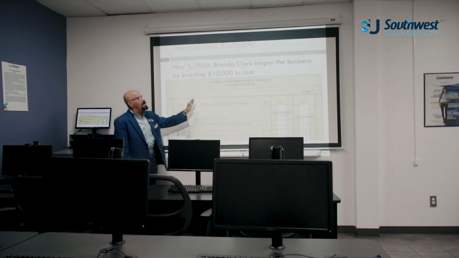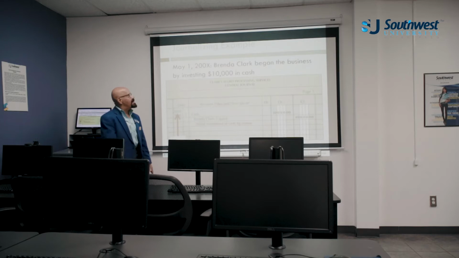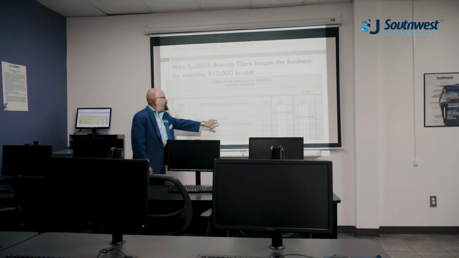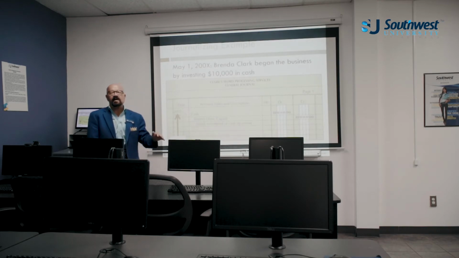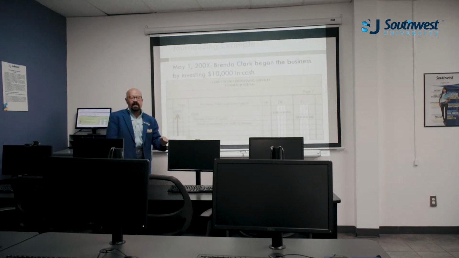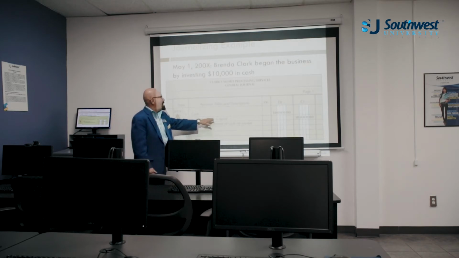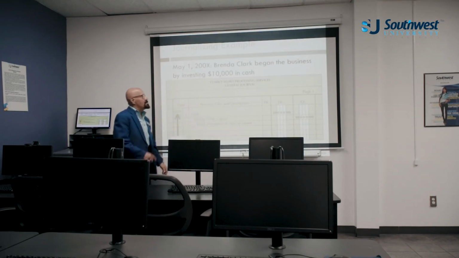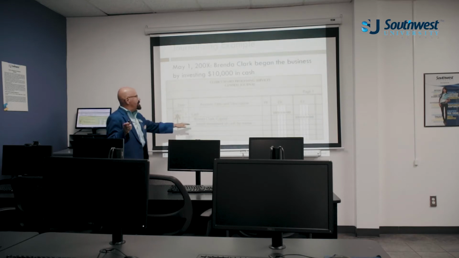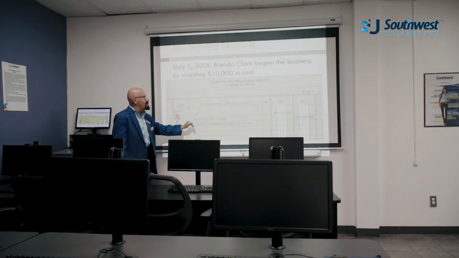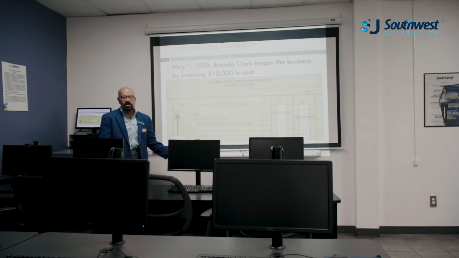Now, anytime the owner invests in the company, it's classified as capital. Why? Because again, it is what it is. That's what it says. The IRS tells us to do it that way, so we're going to do it. So Brenda Clark Capital, $10,000. We have a debit, we have a credit, we balance. Down here, initial investment of cash by owner.